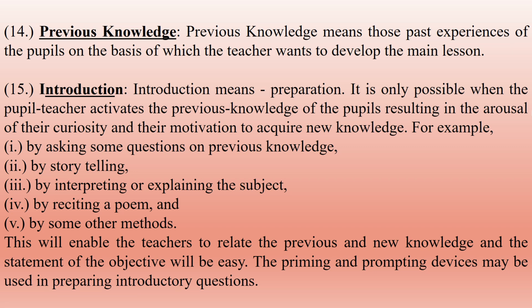In other words, every question must be related to each other. For example, it should reveal that one question has given rise to the other. This will enable the teacher to relate the previous and new knowledge, and the statement of objective will be easy. The teacher employs his insight and experiences for linking new knowledge with the previous knowledge of the students.